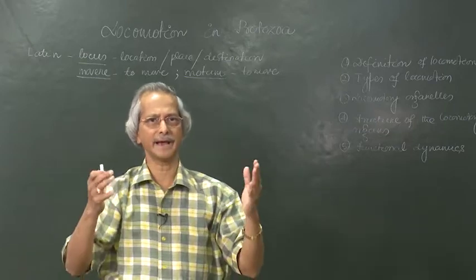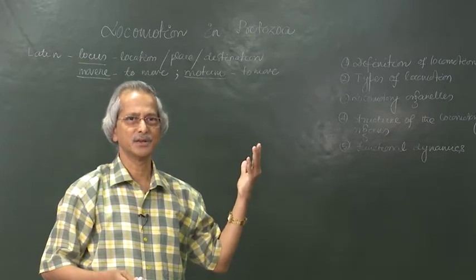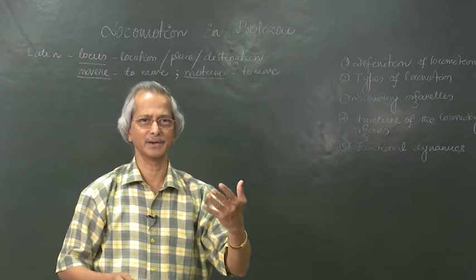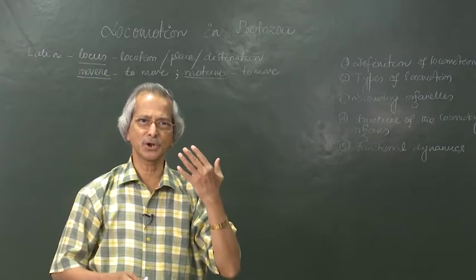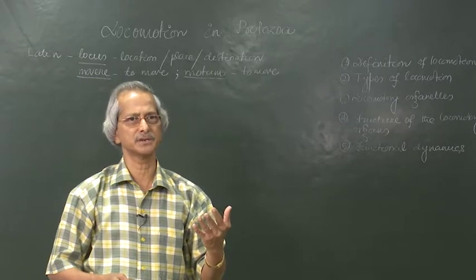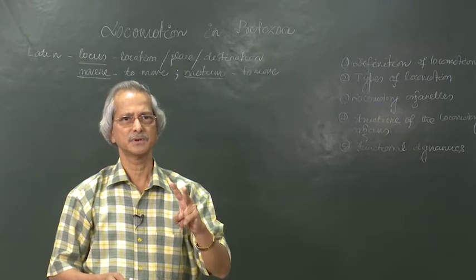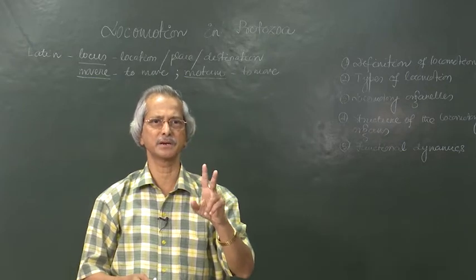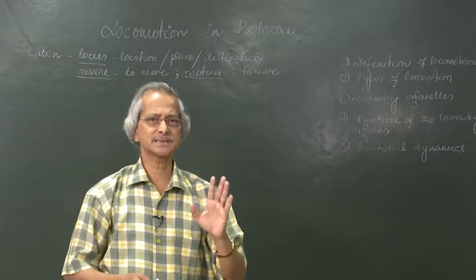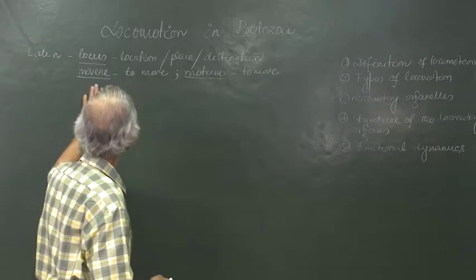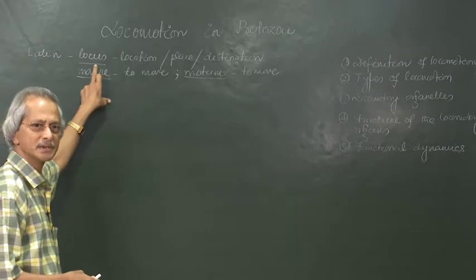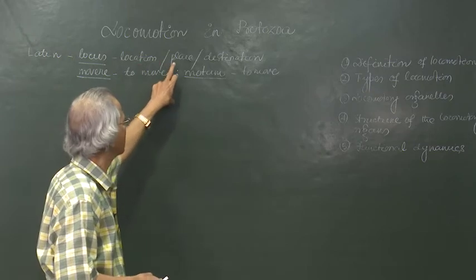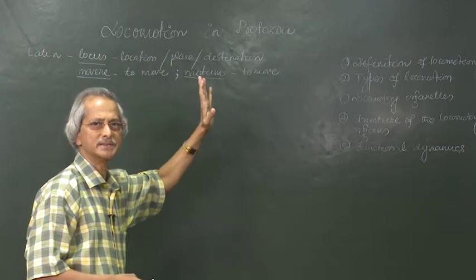Now, when we find the origin or etymology of the term locomotion, we will notice it has its origin from two different words, and these two words have originated from Latin. The first segment is locus, L-O-C-U-S, the meaning of which is location or place or destination.